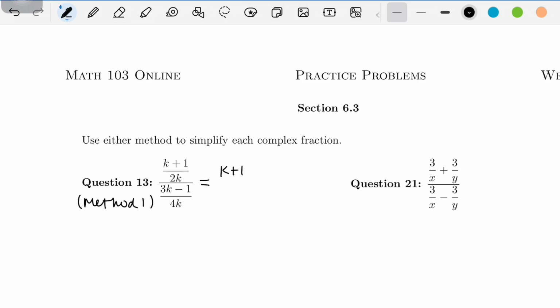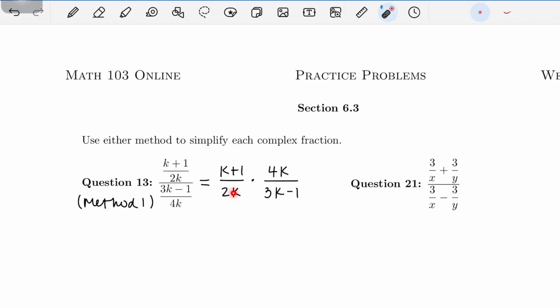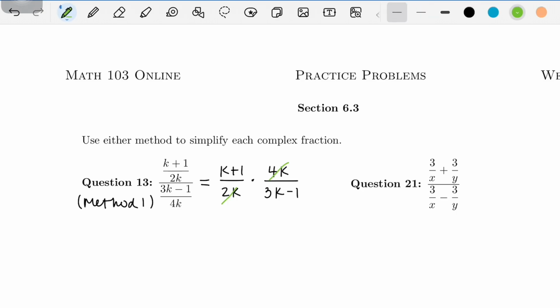So we have k plus 1 over 2k is the fraction in our numerator, and we're going to multiply by the reciprocal of the fraction in our denominator, which is this here. So from here we can easily simplify. We have a 4k here and a 2k here. These guys will cancel, and we're left with just 2 here.